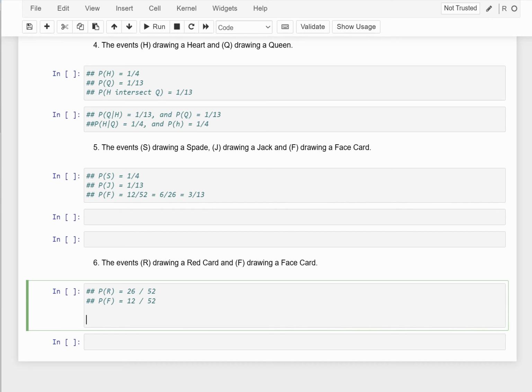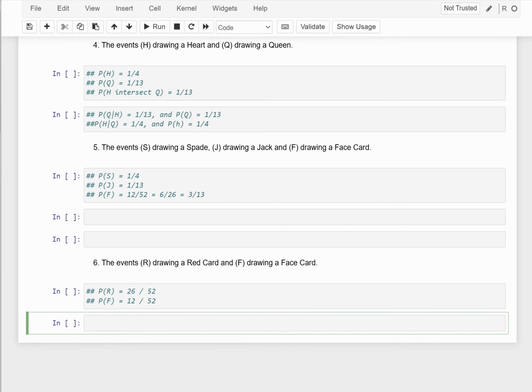And then the question is, what's the probability of F given R? Well, if we have red cards, we're down to 26, and there are 3 face cards, but we have 2 suits that are red, the diamonds and the hearts. So 2 times 3, that's 6. So we have 6 divided by 26.